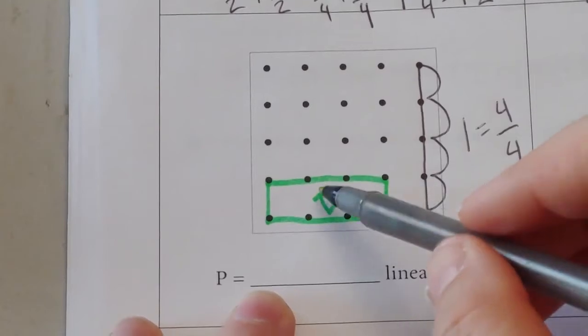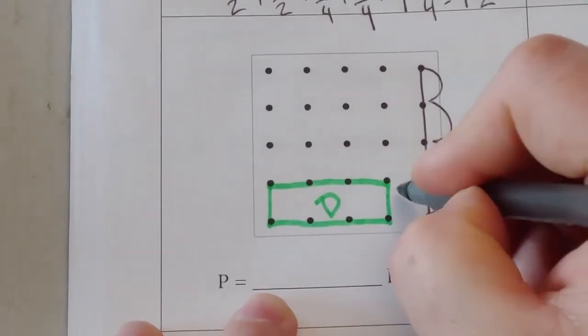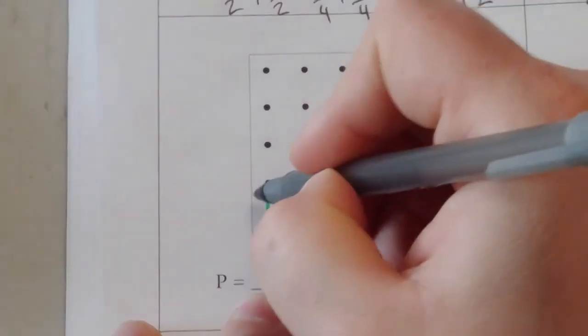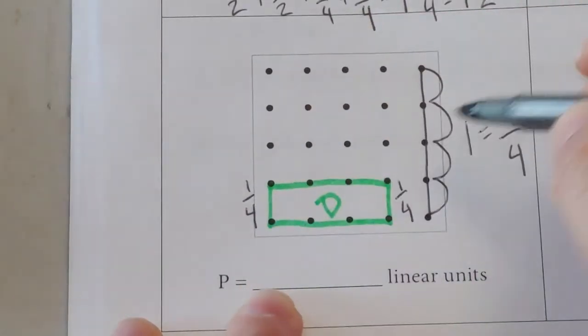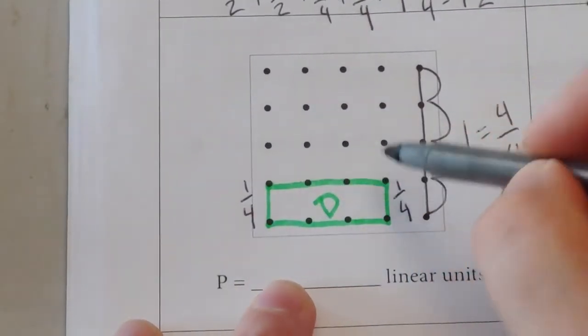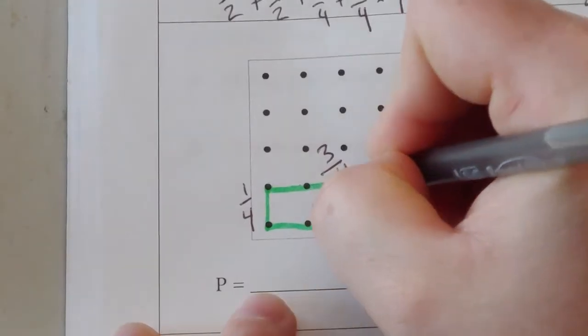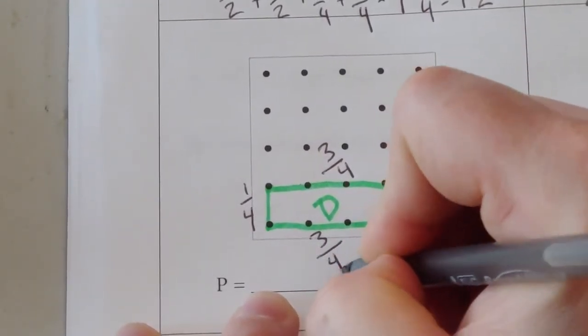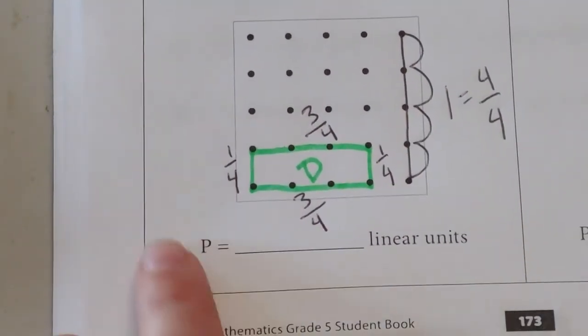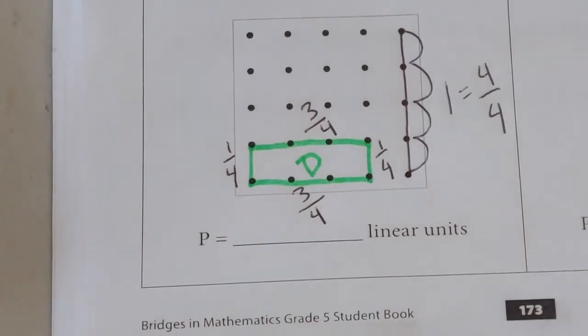So if I'm looking here, I see 1/4, 1/4, and 3/4, 3/4. Get me an equation and an answer.